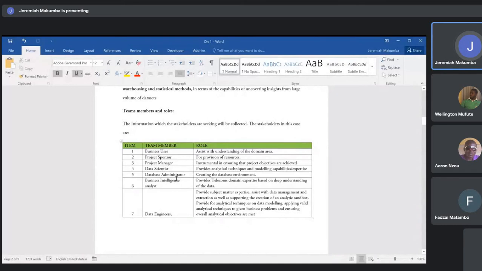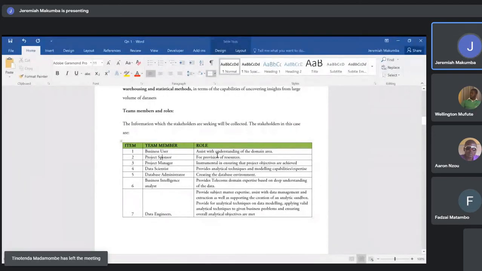We propose seven groups of team members, namely business users, whose role is assisting with understanding of the domain area; the project sponsor for provision of resources; the project manager, instrumental in ensuring that the project objectives are achieved; the data scientist, who provides analytics techniques and modeling capabilities and expertise; the database administrator, creating the database environment; business intelligence analysts, providing telecoms data expertise based on deep understanding of the data; as well as data engineers, providing subject matter expertise and assisting with data management and extraction, as well as supporting the creation of the analytic sandboxes, applying valid analytical techniques to given business problems, and ensuring overall analytical objectives are met.